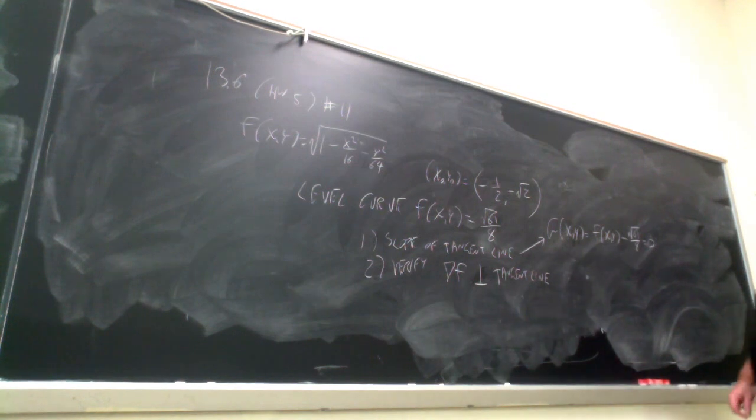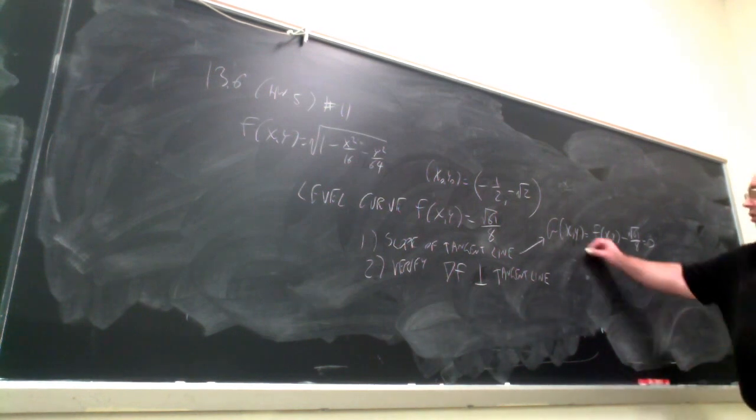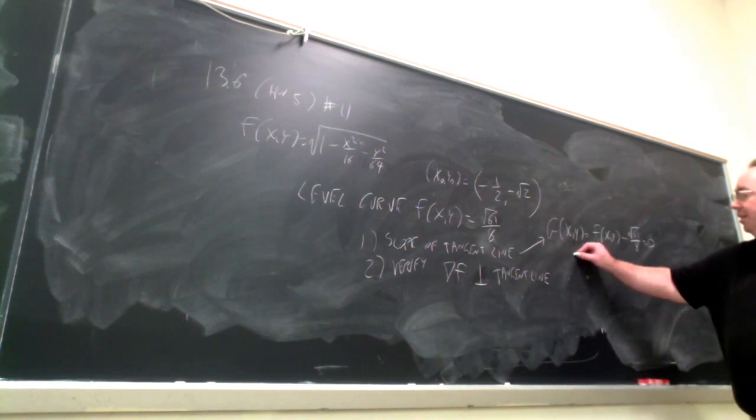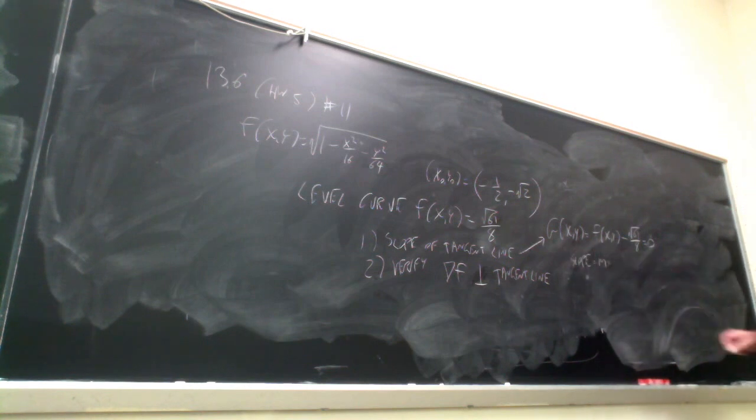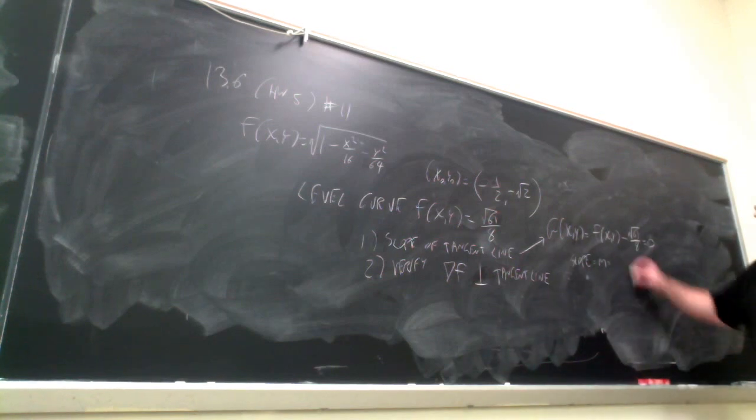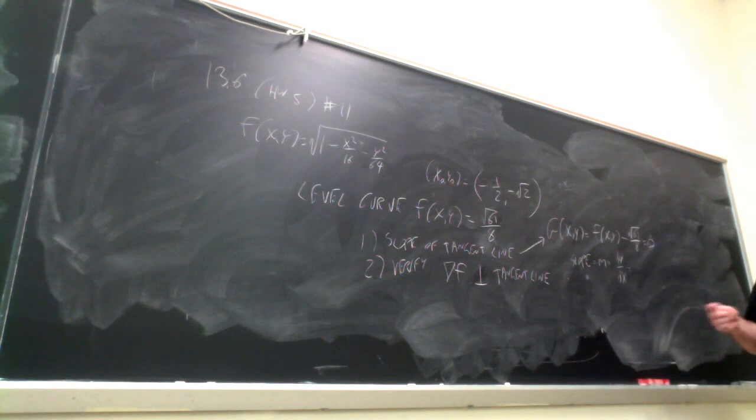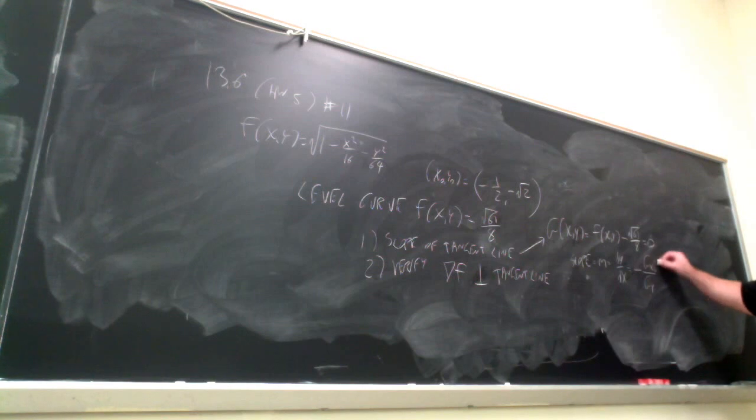Now, the slope of a tangent line, which as usual I'll call m, when you're dealing with an implicitly defined function like this, that's dy dx. For an implicitly defined function we have a formula: it's minus dg dx over dg dy at the point in question, x naught, y naught.